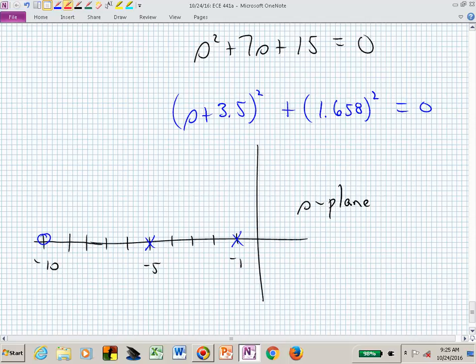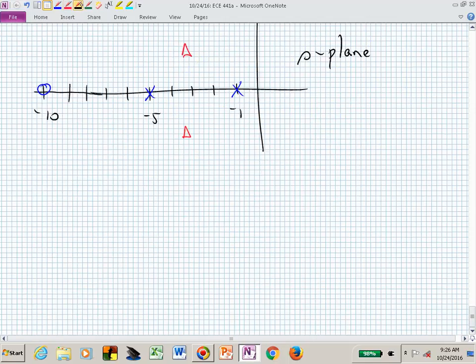They've now met somewhere between those, and they've moved off. We are now at minus 3.5 plus and minus j 1.65. And that sketch may or may not be very accurate, but now you can see where we are living. What if we double our gain from 1 to 2?